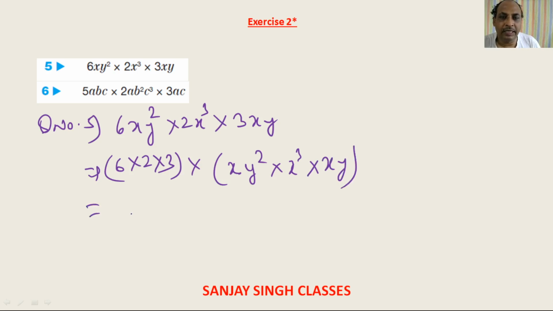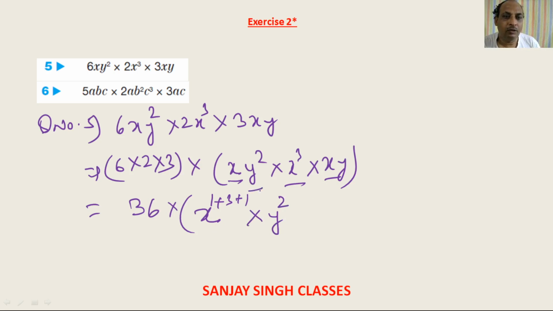Now this is 6 3 18, 2 36, into x to the power, so here what is the power? 1. Here what is the power? 3. So plus 3. Here what is the power? 1 plus 1. So all x we have involved at one place. Similarly y, 2 here plus here it is 1. So this one will become 36x to the power 5 y to the power 3. This one will be our solution.